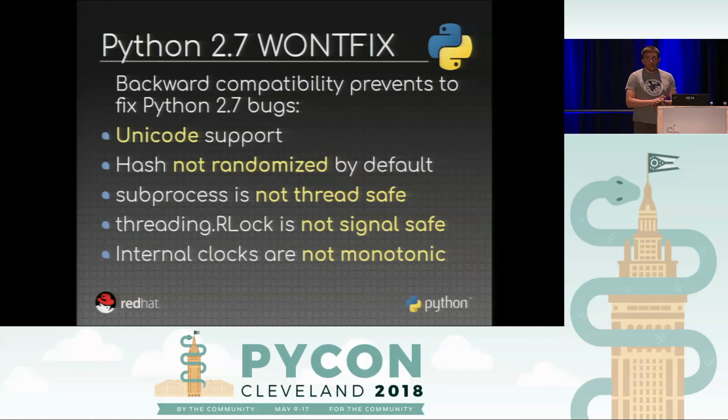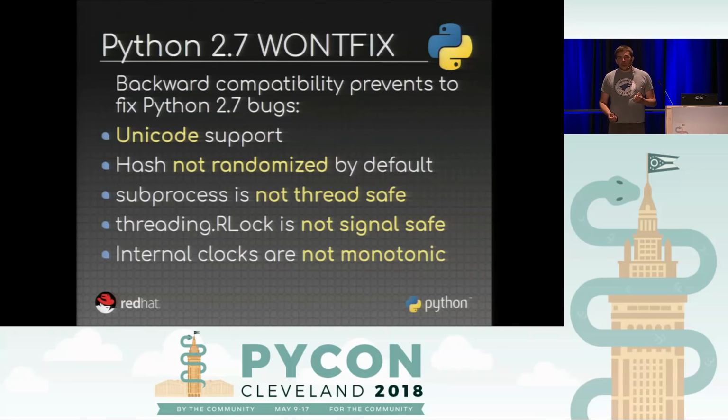Okay, if you didn't follow the development of Python 3, this is a quick recap of Python 2 issues and what we got in Python 3. First, you have to know that since Python 2 has been used for a long time, we know more and more bugs. The list of known bugs is growing.